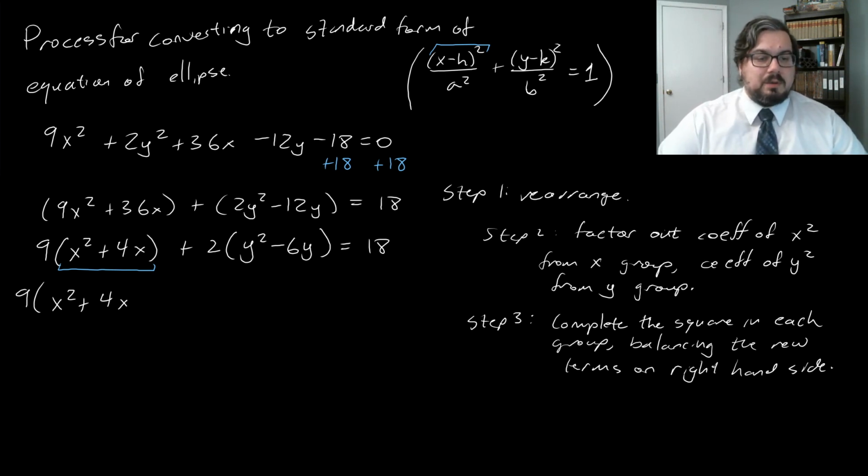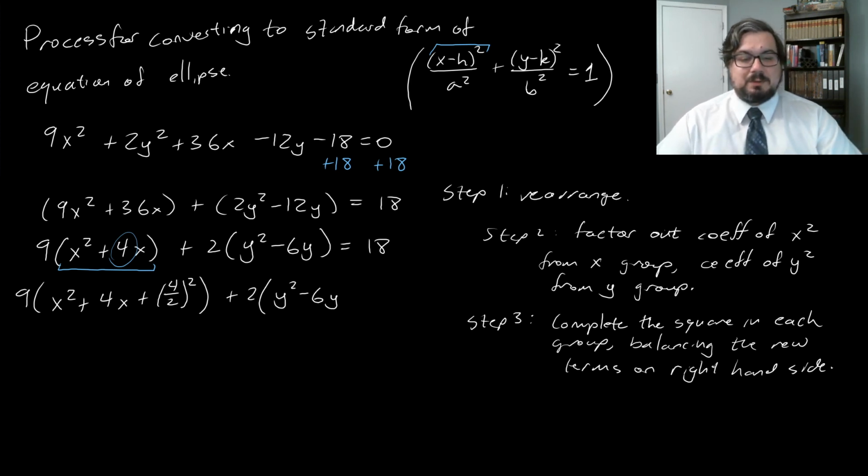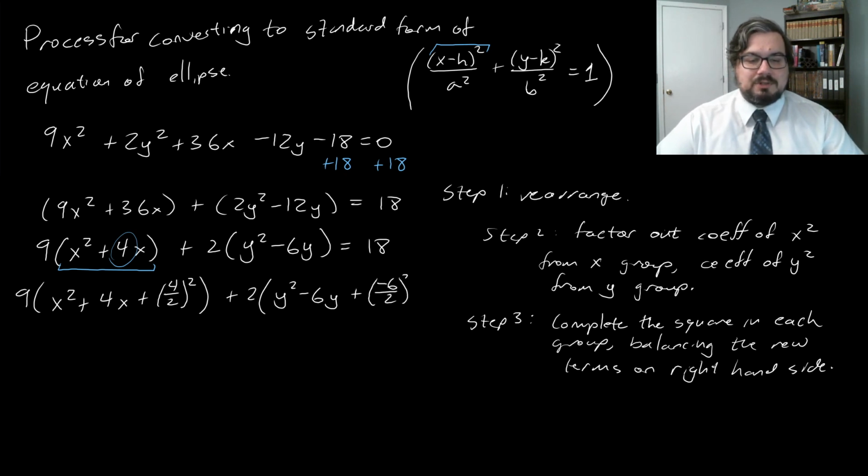And we always look at this number here. We cut it in half and we square it. So we're going to be adding (4 over 2) squared. And similarly, with the second term, y squared minus 6y, we're going to be adding the number (negative 6 over 2) squared.